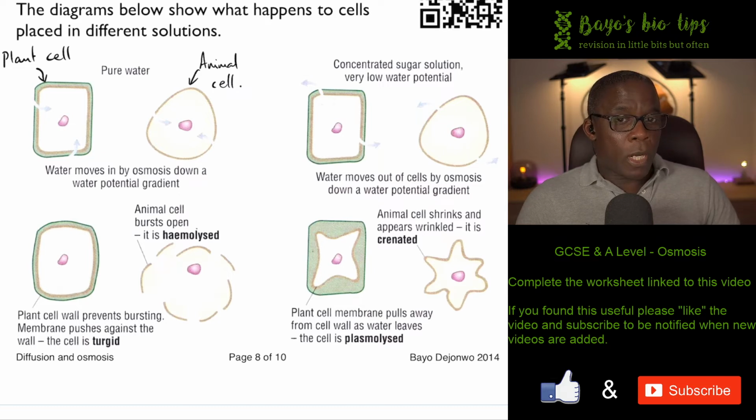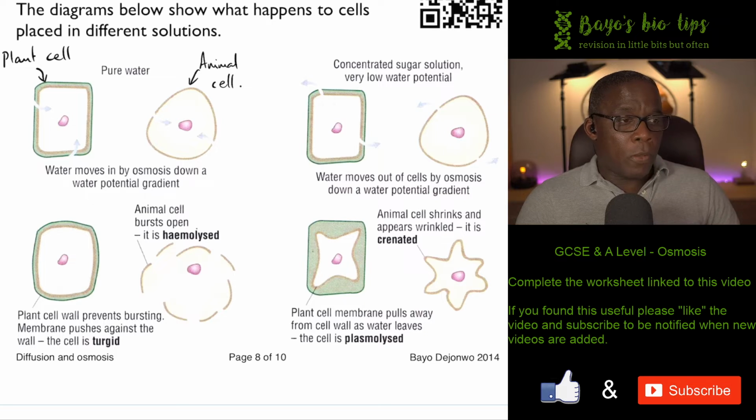Now let's look at what happens on the other side when you put those cells in a sugary or salty solution with a low water potential. You end up with water leaving the cells. In a plant cell, as you can see at the bottom, eventually the cytoplasm shrinks away from the cell wall.